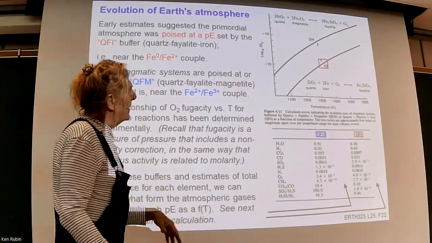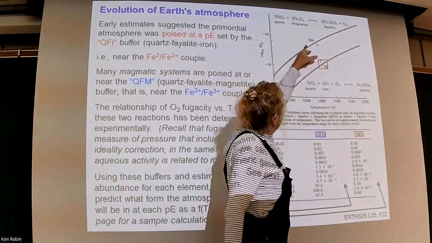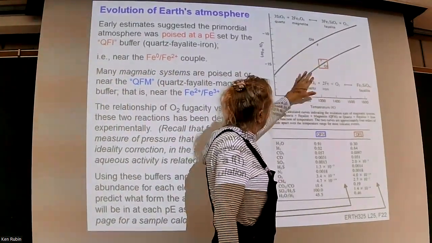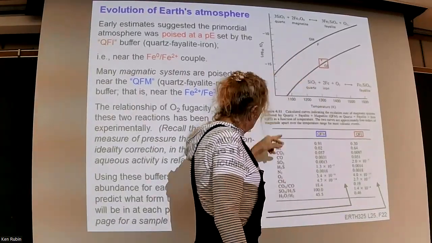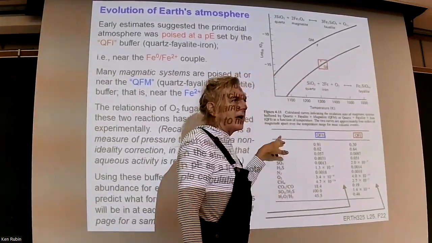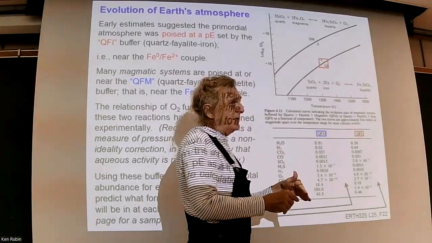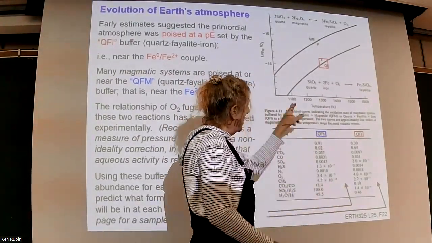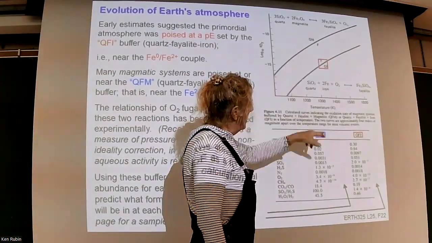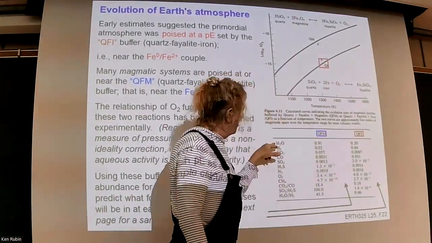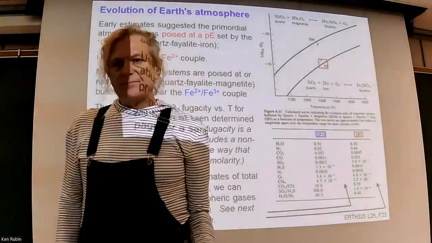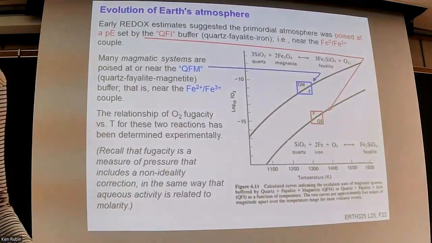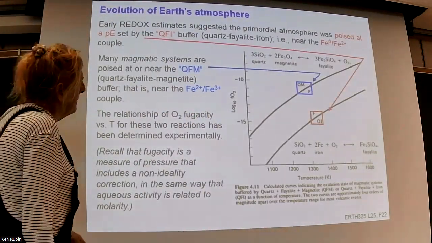And so, like I say, somehow my blue box got deleted up here. We've got a blue one and we've got a red one. And for each of these two conditions, we can take all the gases that we find in our atmosphere and we can calculate, on a basis of their presumed abundance from the solar abundances, as well as these two buffers, what are the relative proportions of each of these gases. Okay. And so I've kind of zoomed in on that here.